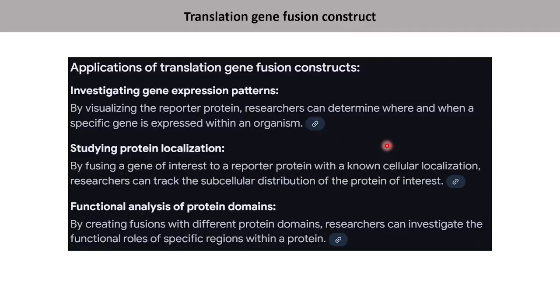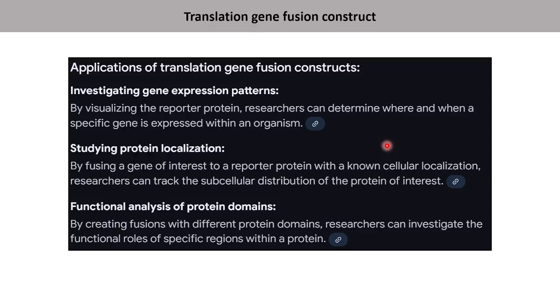Now, what are the applications of translational gene fusion construct? It can be used to investigate various gene expression patterns, like it can visualize the reporter protein, and we can determine where and when and how much that gene is expressed within an organism. We can study the protein localization.